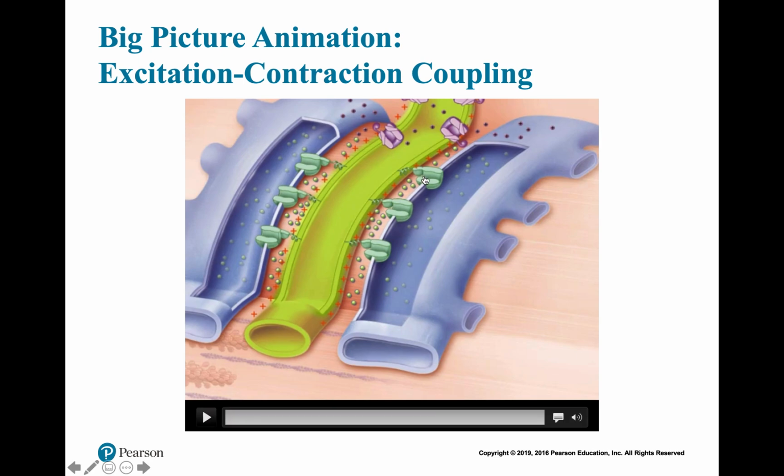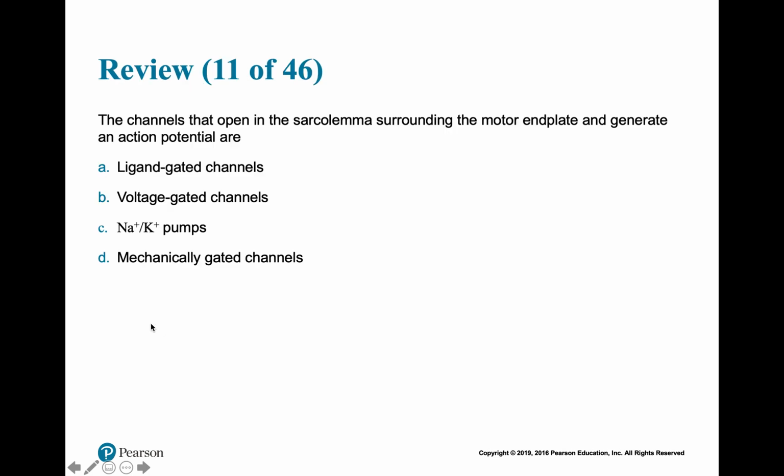All right, so that is our link between excitation and contraction. It's calcium. Calcium is what will trigger the contraction. So the channels that open in the sarcolemma surrounding the motor end plate and generate an action potential are, all right, so remember, the channels that are in the motor end plate are ligand gated because they bind acetylcholine.